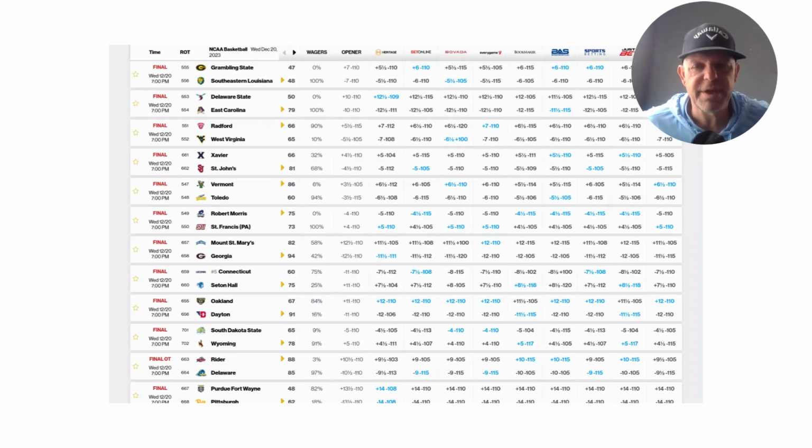The reason that's important is that you wouldn't want to use a sharp book for an opening line the way that I'm handicapping. Using the St. John's example here, the line opens at 4.5, and you can see here it moved to 5.5. So it opened at 4.5 and closed at 5.5, and I'm using Bookmaker there.